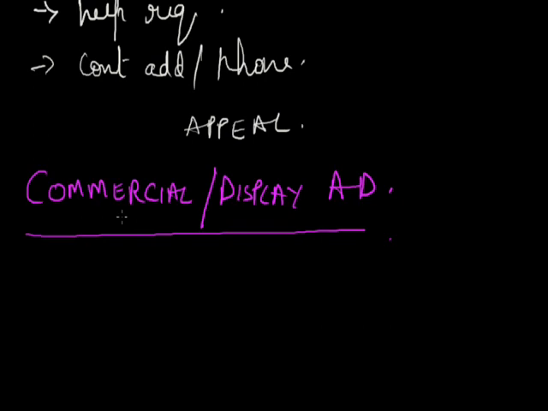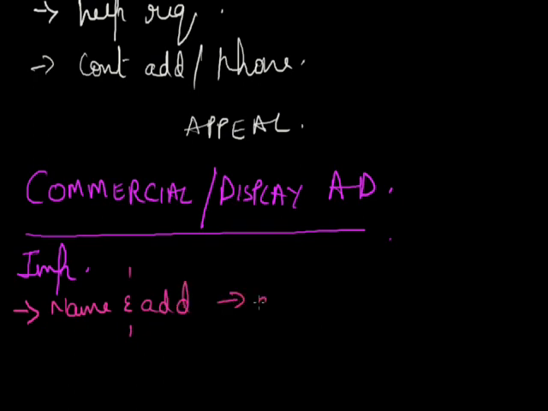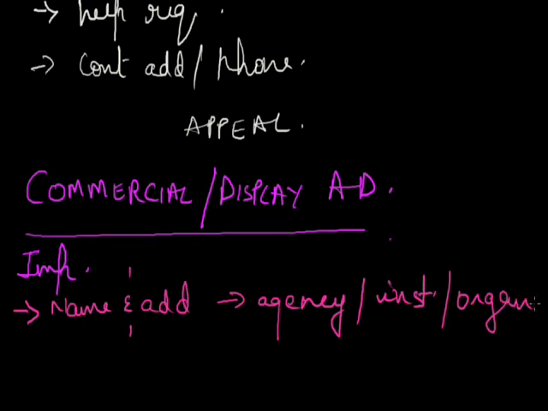The major difference is that in a classified advertisement, one has to be formal, while in a commercial, one may adopt an informal and relaxed tone and style. Now, the important points to be kept in mind about this commercial and display advertisement. However unique an advertisement may be, it should always have the name and the address of the advertisement agency or institute or the organizer.